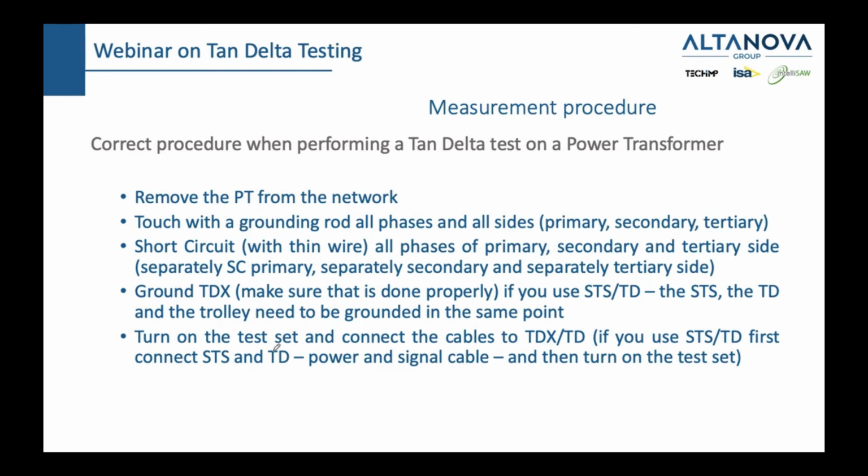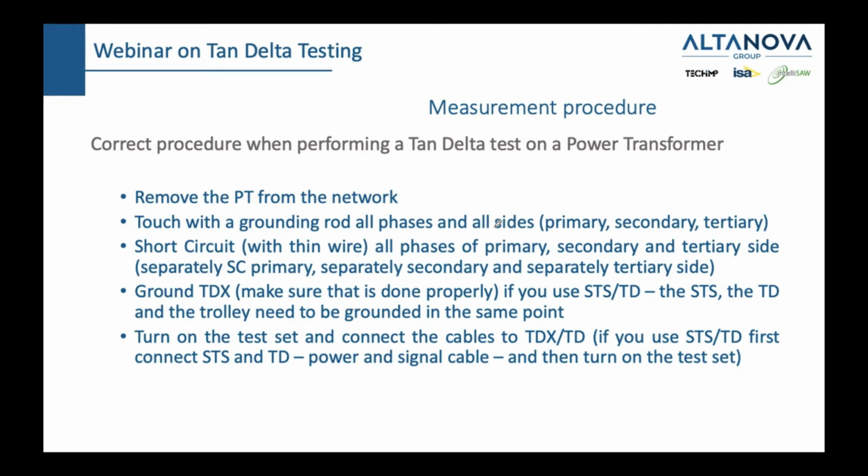The next step is usually prescribed by all the utilities. Sometimes people forget to execute that step, and if it is not executed, therein lies the risk of damaging the testing equipment. You should take your grounding rod and touch all phases of primary, secondary, and, if you have a tertiary side, with the grounding rod, thus fully de-energizing the transformer.